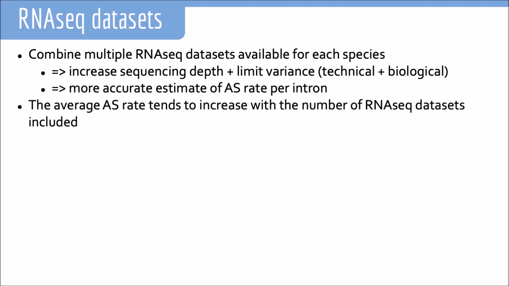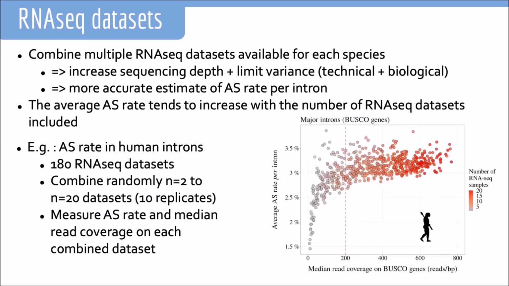One point that we realized in the first pilot studies is that the rate of alternative splicing tended to increase with the number of RNA-seq datasets that we included in the analysis. And to illustrate this, I will show an analysis that we did with human data.